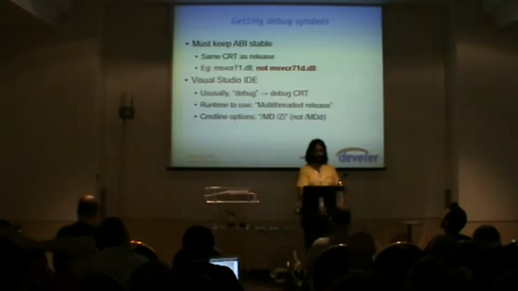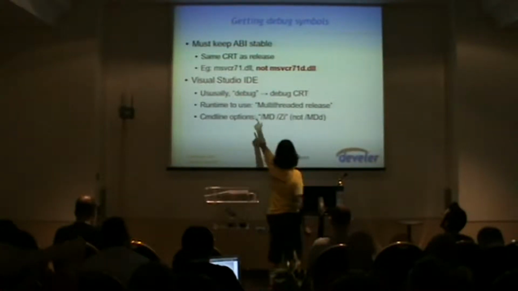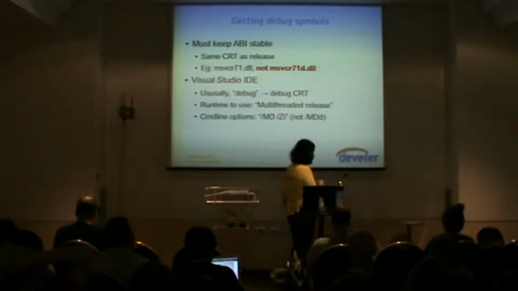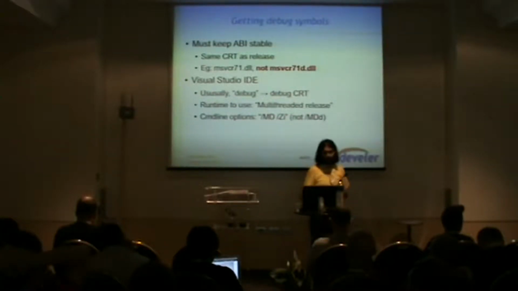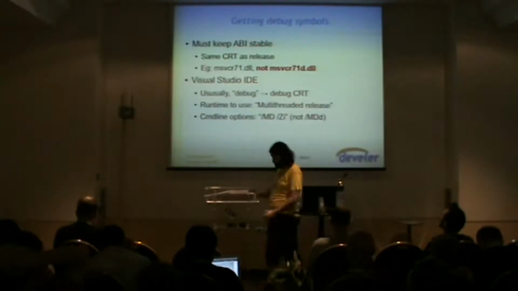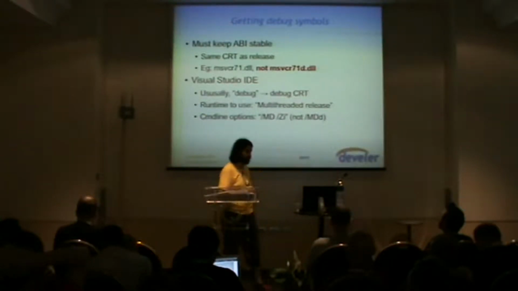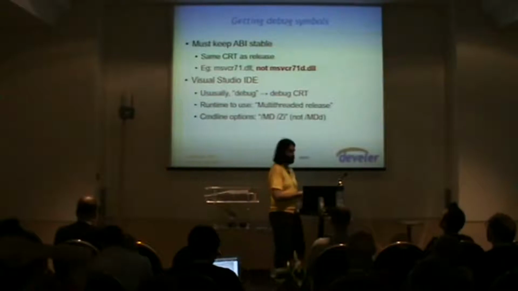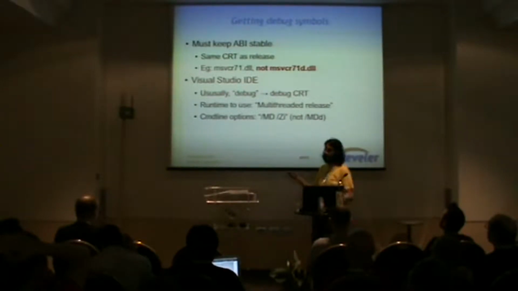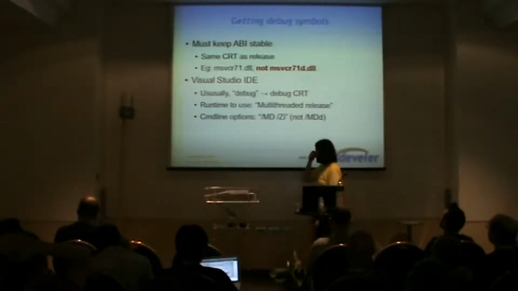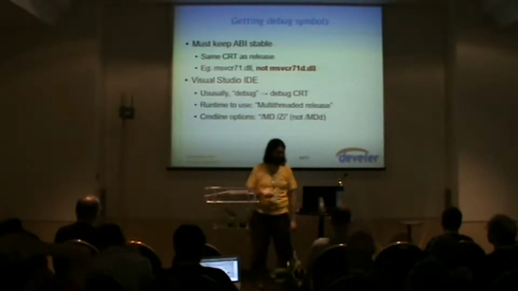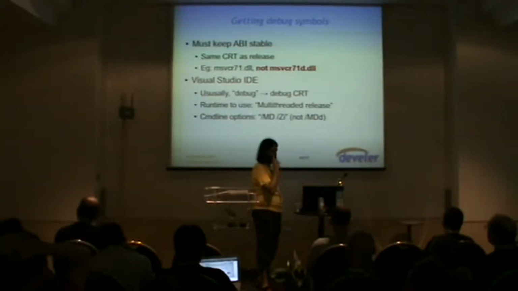The standard Python interpreter is using the release CRT version, so you want your extension to use the release CRT to be compatible, but with debug symbols. This is actually easy once you know it. Once you know this is your problem, it's very easy, because in Visual Studio you just need to go through the menus and find where the CRT is being defined.